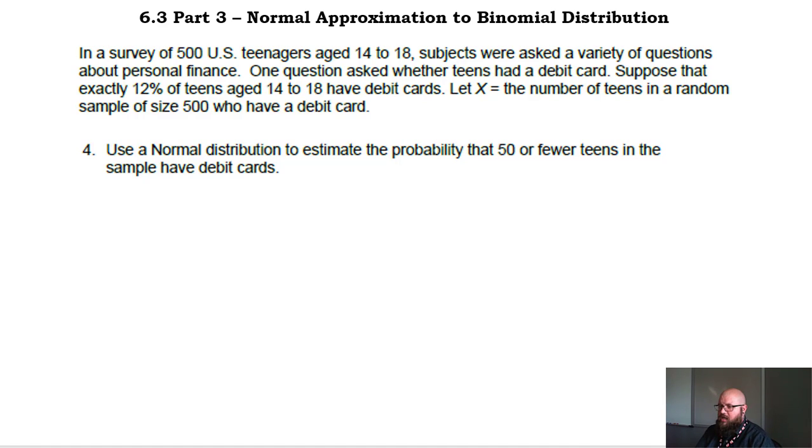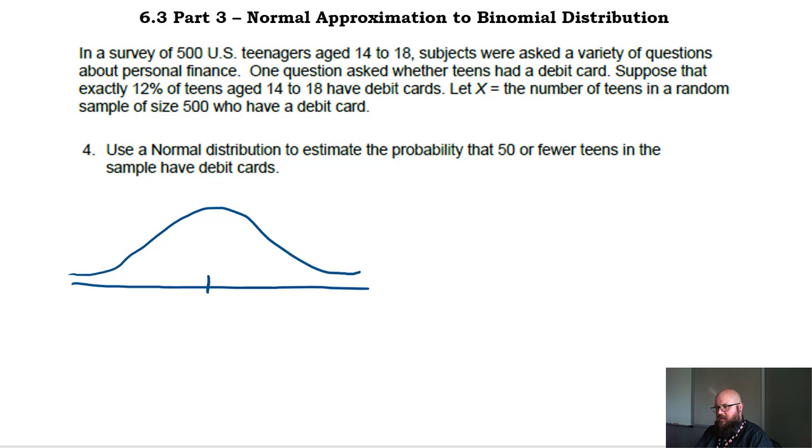Let's see. So we got using a normal distribution to estimate the probability that 50 or fewer teens in the sample have debit cards. So with this, we're wanting to look at a normal curve, right? We said it'd be approximately normal based on our large counts.